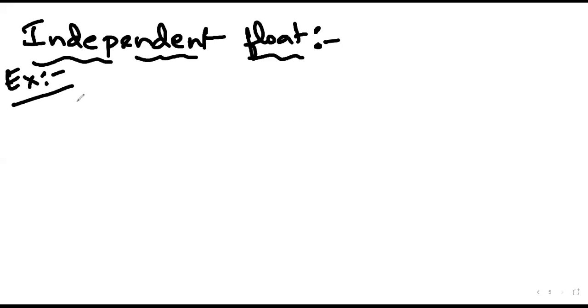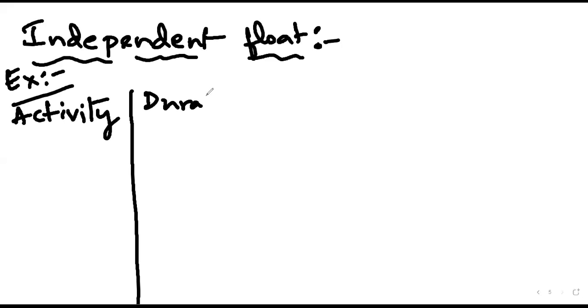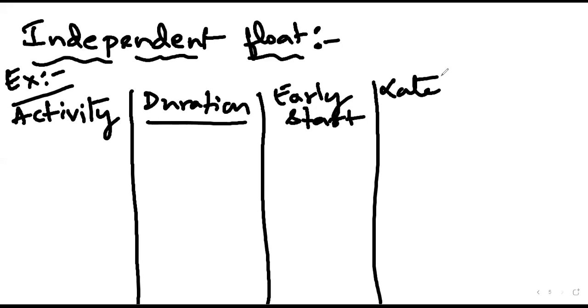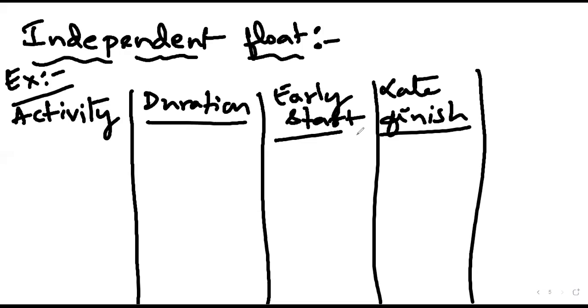Can anyone tell me the example in which we have the following columns: activity, duration, early start, and late finish.